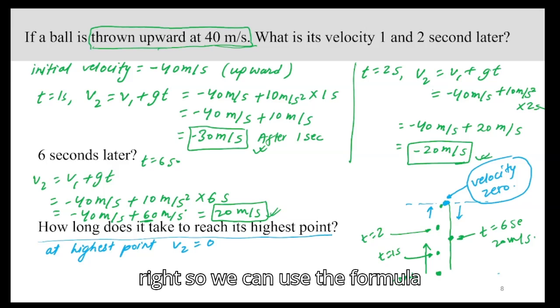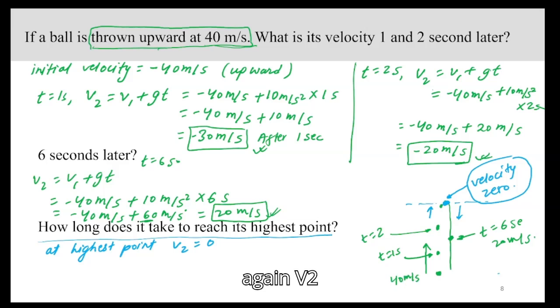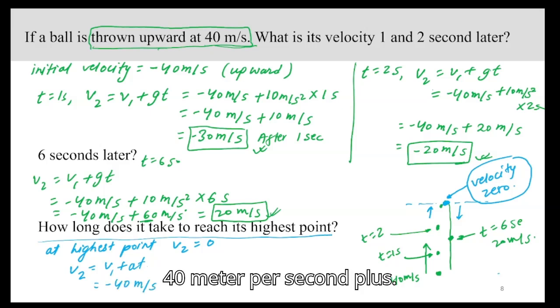So we can use the formula again. v2 is equal to v1 plus at, and v1 is minus 40 meters per second plus, and v2 is 0.